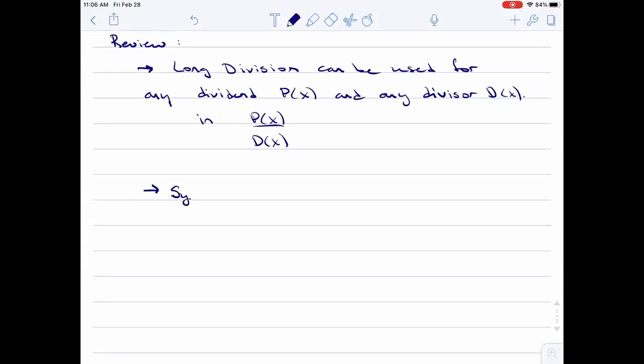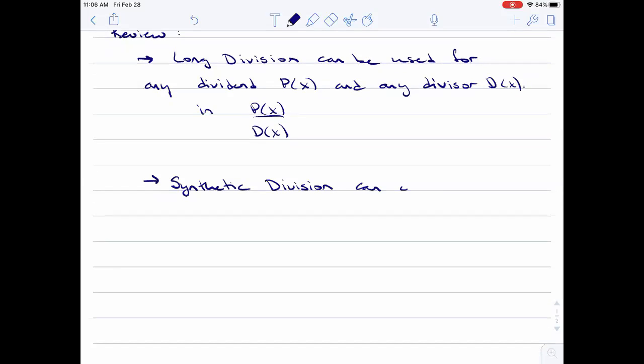So synthetic division can only be used when d of x is in the form x minus c, right? So x minus 1, x minus 2, x minus 3, or x plus 1, x plus 2 for negative c's. So it's very limited and not very useful, in terms of long division, which we can use all the time.